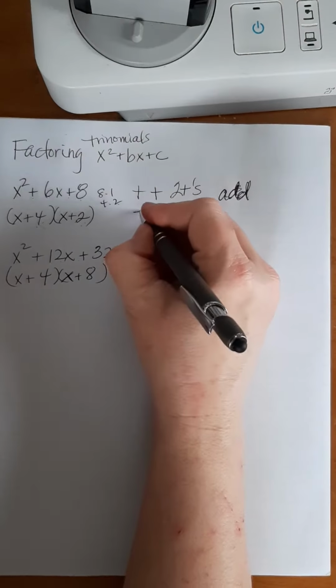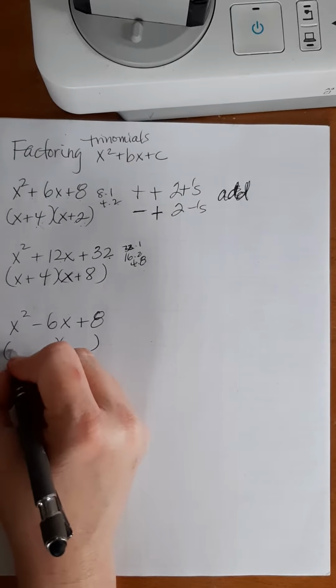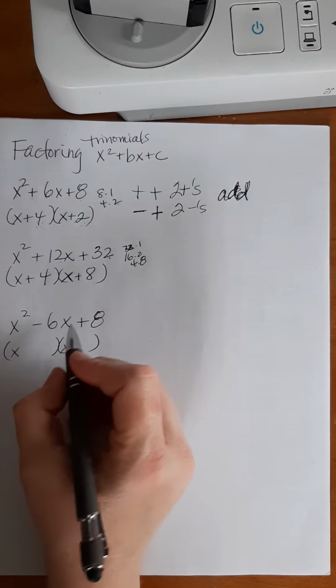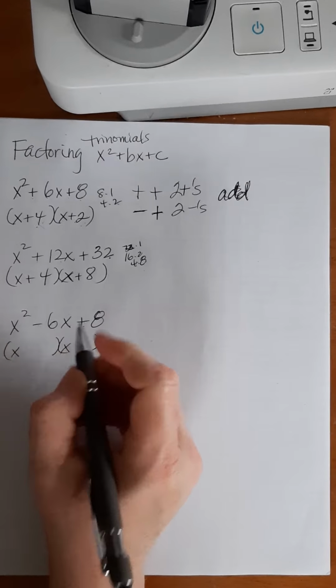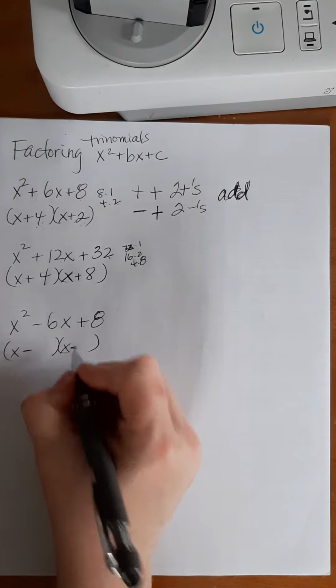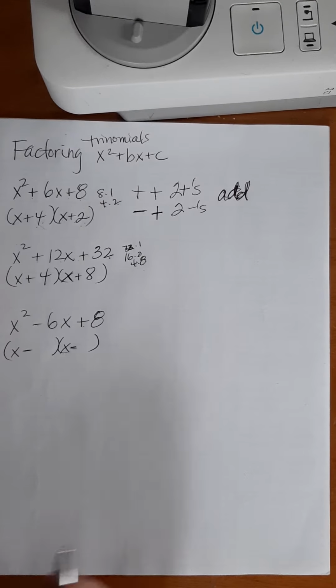Now, let's say the other scenario I was talking about, minus plus. Let's say I have x squared minus 6x plus 8 again. So in this case, notice how still x squared, so x and x. This time we have a minus and a plus. So two minuses.